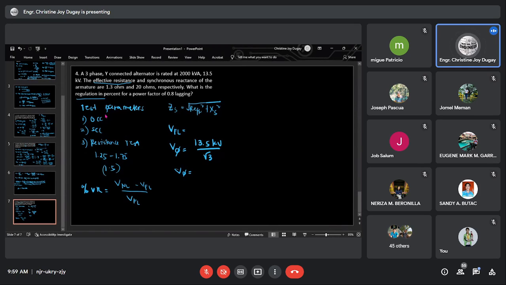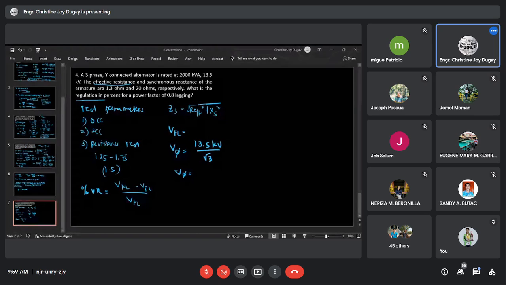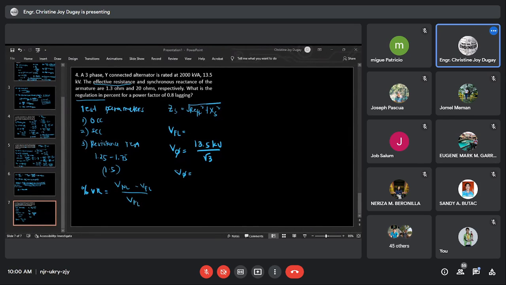Ilan po ang value ng V phase po natin? 13.5 divided by square root of 3. That is equal to, ilan po?